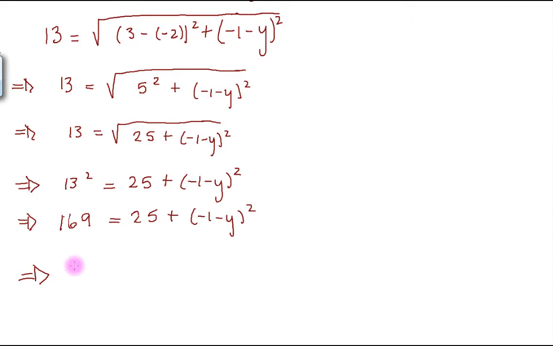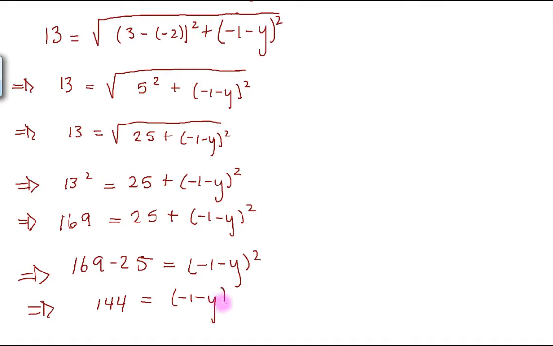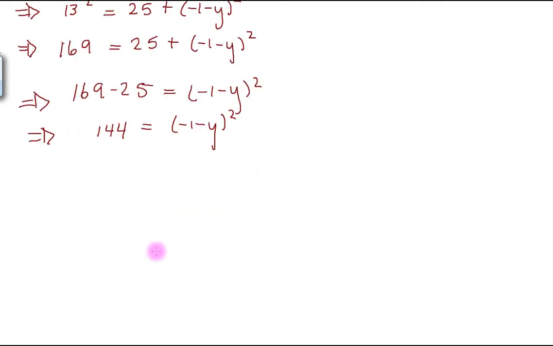Now, this implies what? Well, we subtract 25 from 169. 169 minus 25 equals (-1 minus y) squared. 169 minus 25 is 144, which is equal to this. Now, to eliminate the square here, we have to take the square root, but not just the positive.